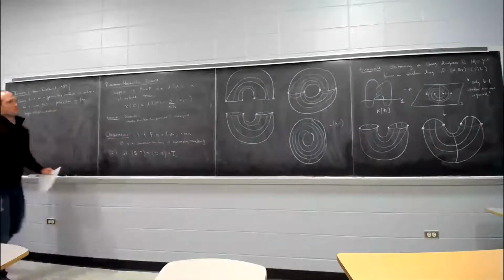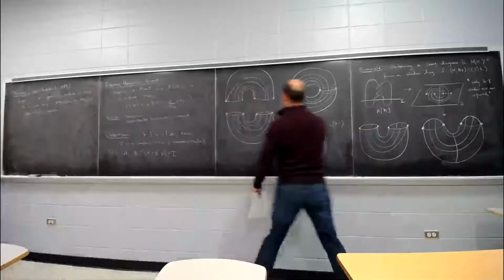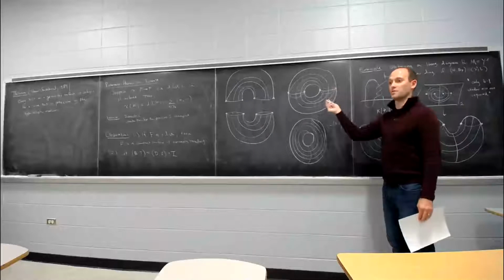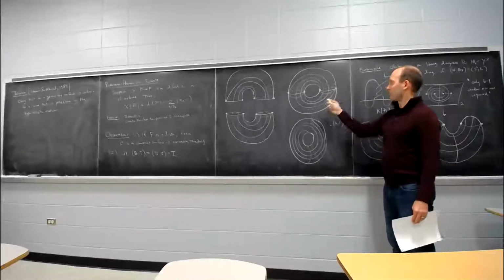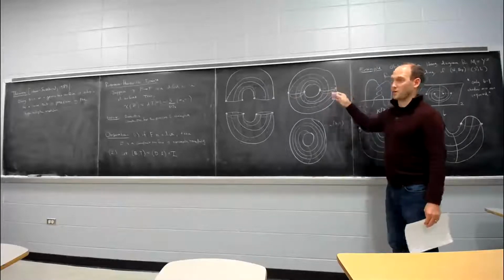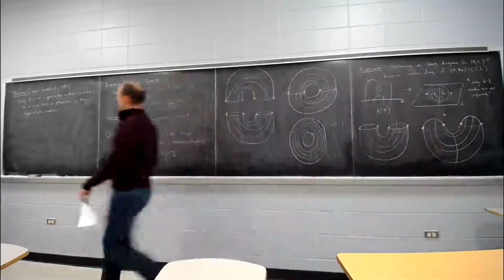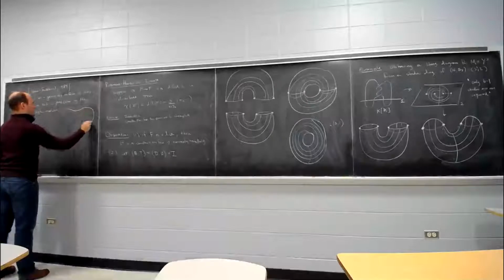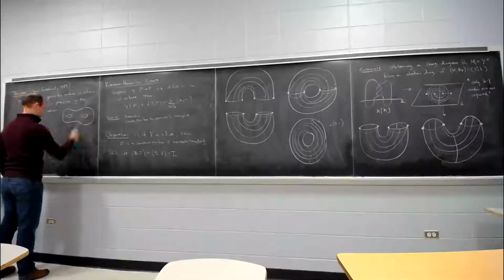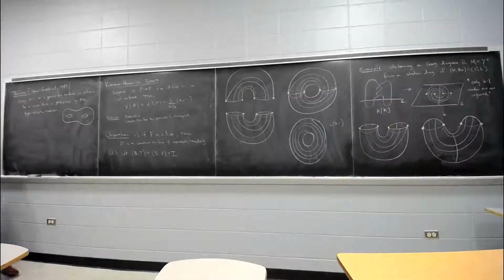So it's possible that I've just said enough right here to convince you that any curve on a torus, which is a slope, a PQ curve, or an MN curve, can be arranged to be invariant under the hyperelliptic involution. It turns out the same is true for the genus 2 surface. For example, what might a curve look like?